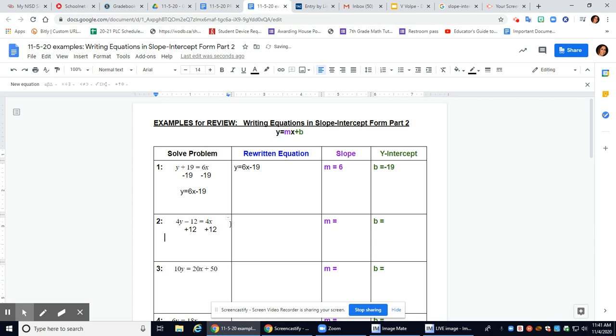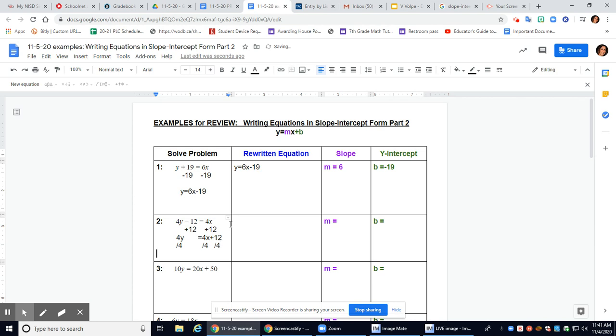Once I do that, I will end up with 4y on the left equals 4x plus 12. Now I need the 4 to cancel out by dividing everything by 4. So divide each term by 4.